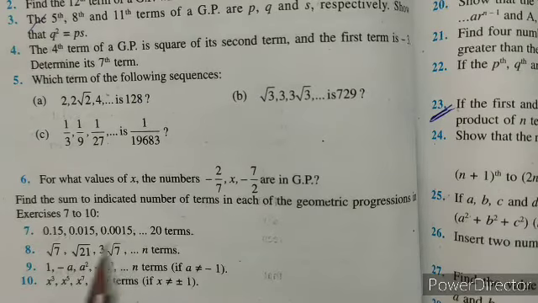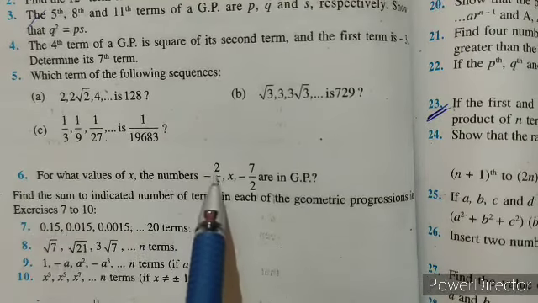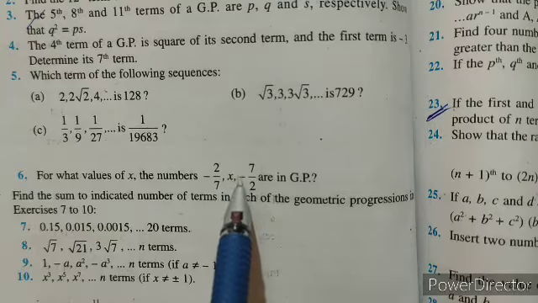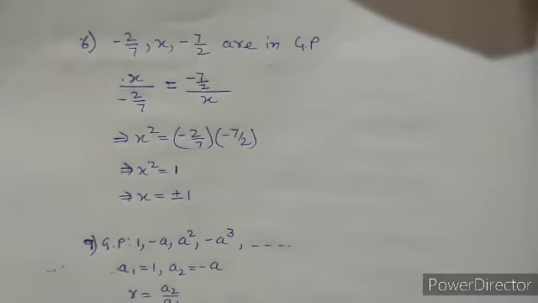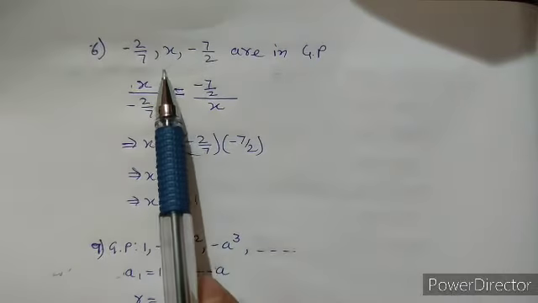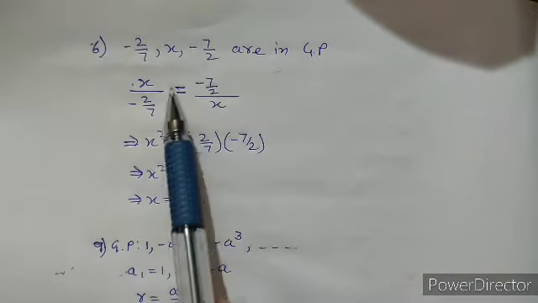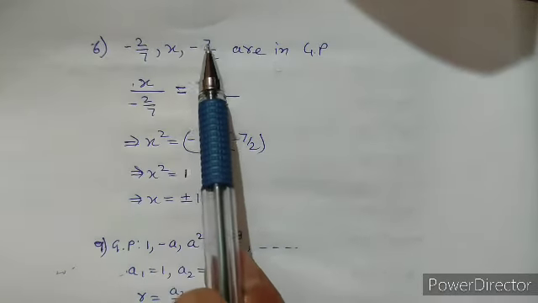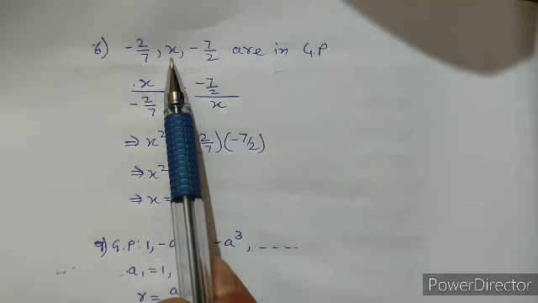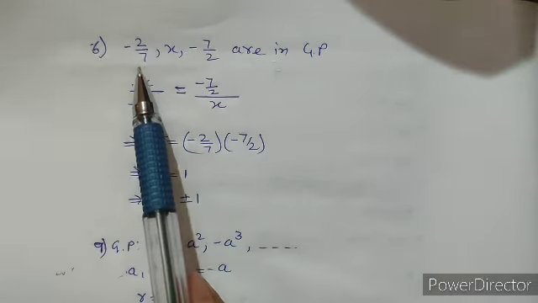Now in question number 6 we have to find the value of x such that the numbers minus 2 upon 7, x and minus 7 upon 2 are in GP. Here minus 2 upon 7, x and minus 7 upon 2 are in GP. So we can say that second term upon first term will be equal to third term upon second term, or ratio of any term to its preceding term will be equal.